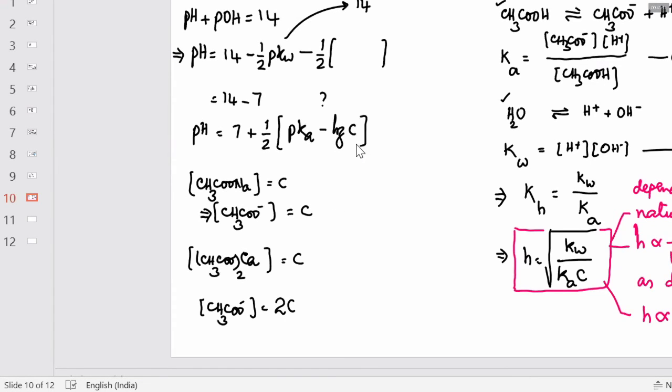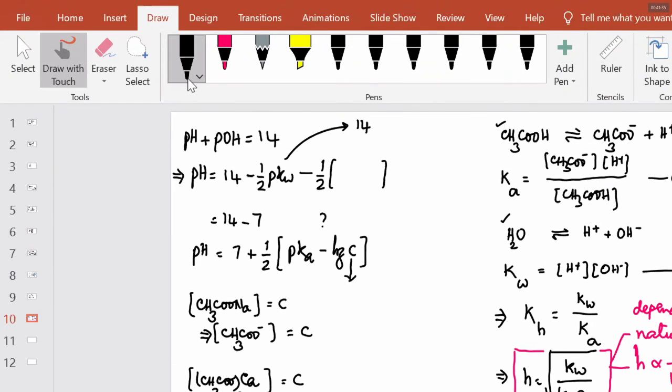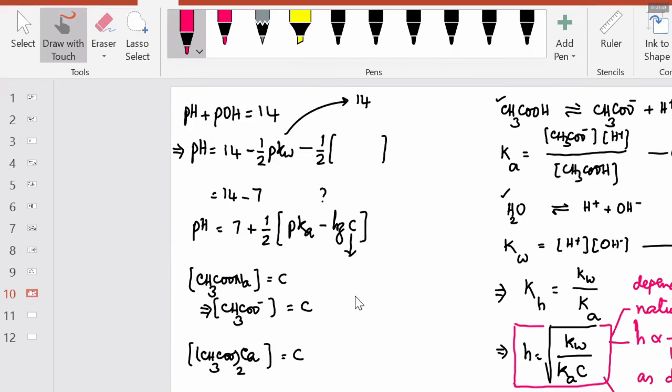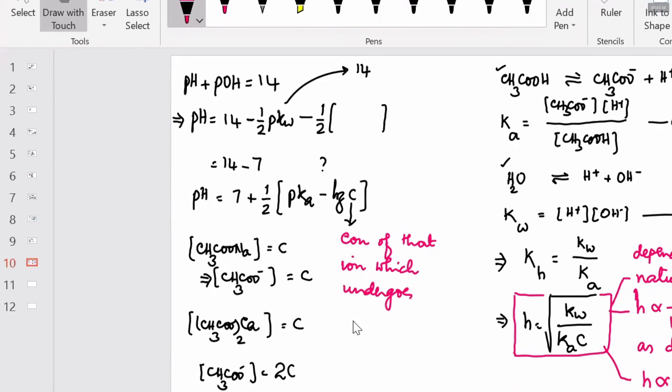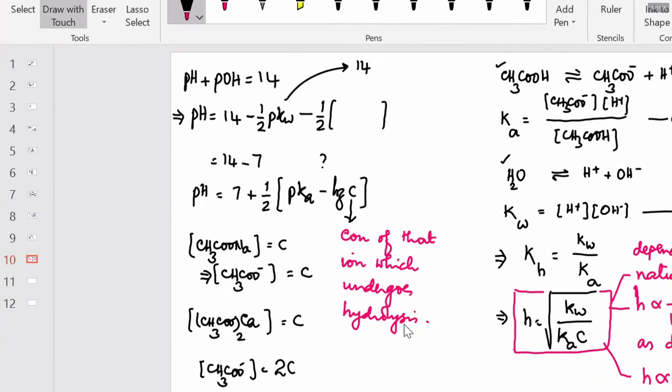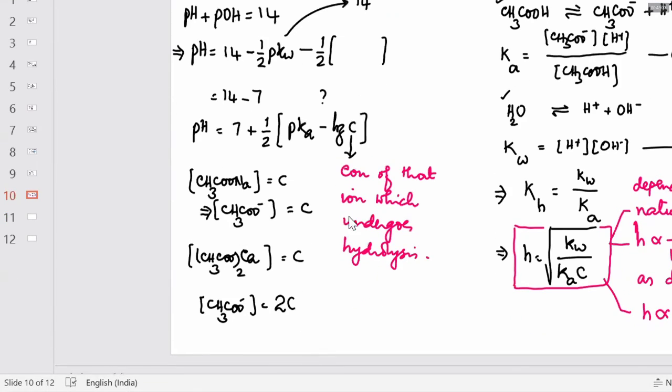Therefore, I should not use the words C is concentration of salt. What I should say precisely is the concentration of that ion which undergoes hydrolysis. It's not salt.